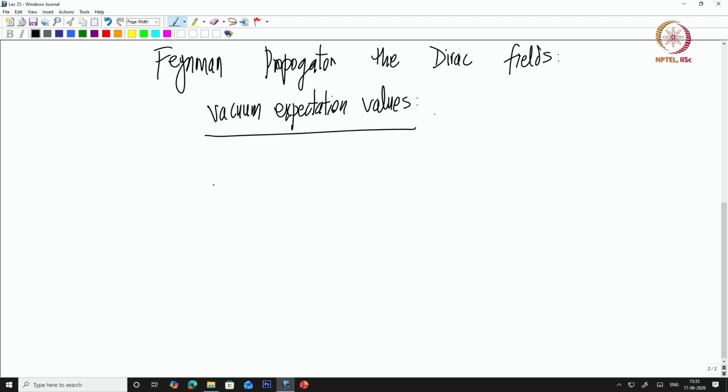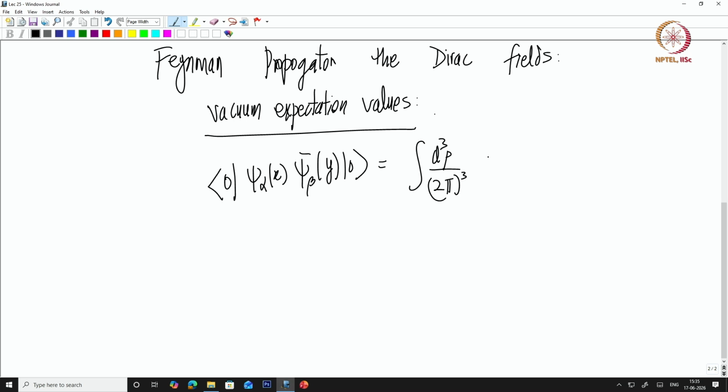psi alpha of x, psi beta bar of y, that is the integral d cube p over 2 pi cube, 1 by 2 E_p, times (p slash plus m) alpha beta, e power minus i p(x minus y). We can actually compute this by using the mode expansion which has been introduced in the last class.